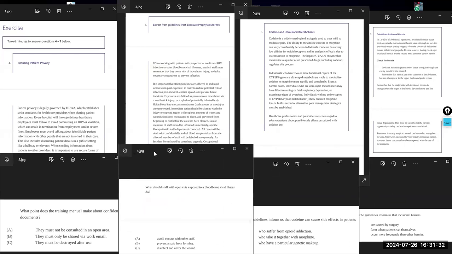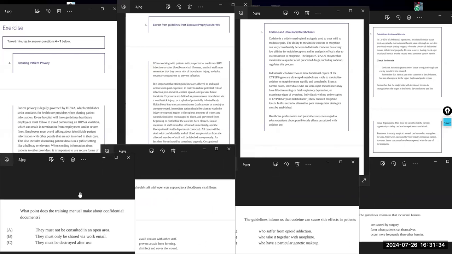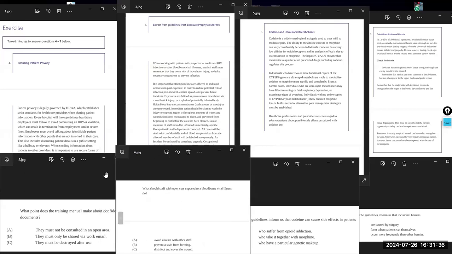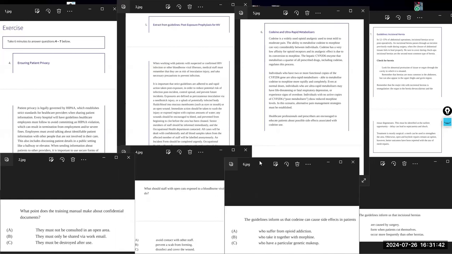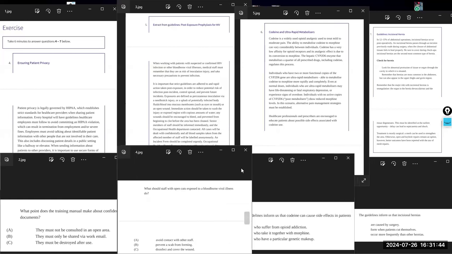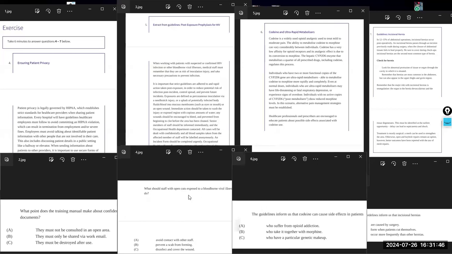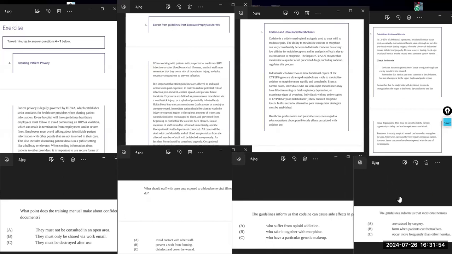Okay, what if I want to do like this? No, like this, yes. Like this, no, I can't. Like this, yes, I can. Amazing. Okay, and this one, I think I have to zoom the page a little in. And yes, that is amazing.